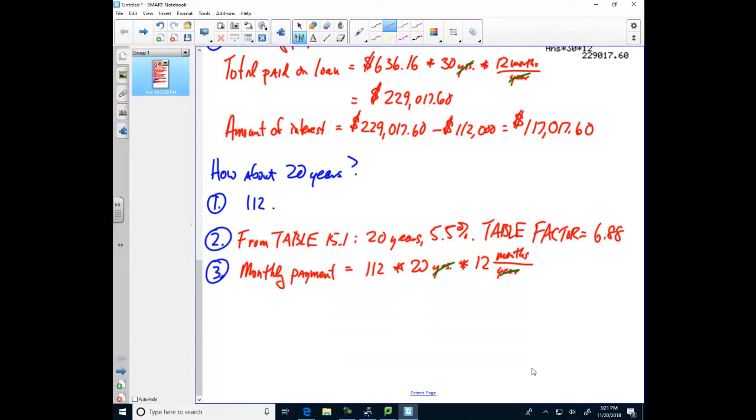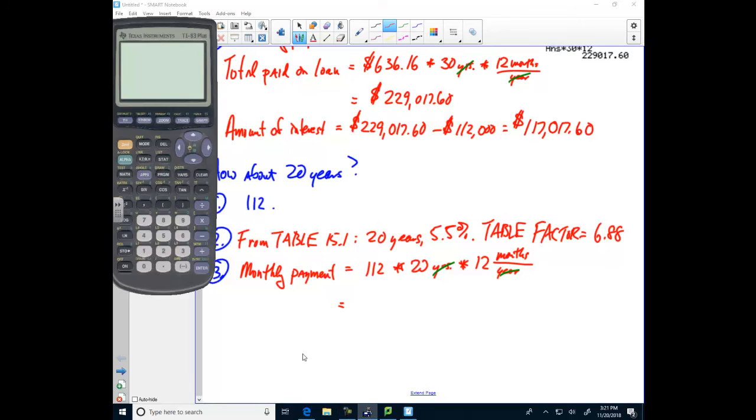So now our payment is, calculator, clear, 112 times 20. Oops. I got to put the, it's not 112, hang on, I put the wrong thing in here. This is the 6.88.